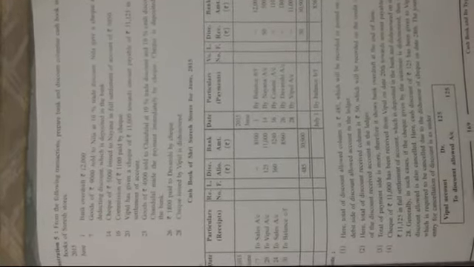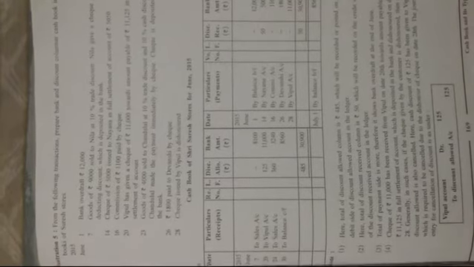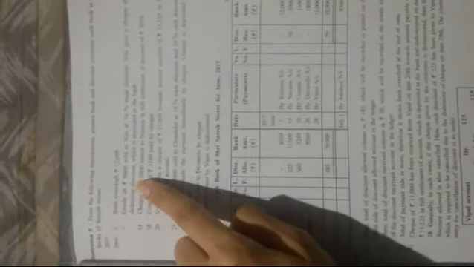So 9,000 into 10 divided by 100, you will get 900. If you minus 900 out of 9,000, you will get 8,100. Got it?